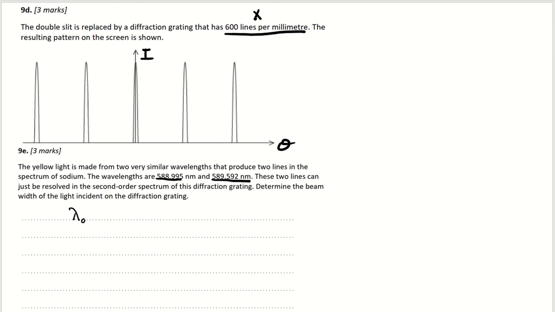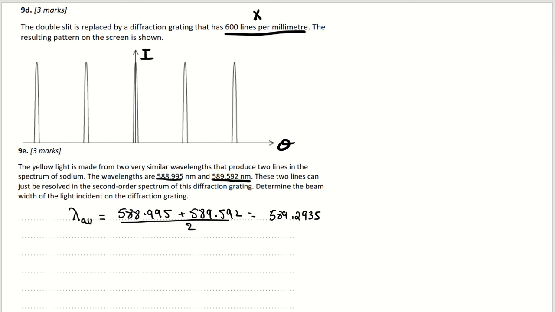So first, let's get lambda average. Lambda average here is 588.995 plus this over 2. If you do it, you have to get the answer of 589.2935.